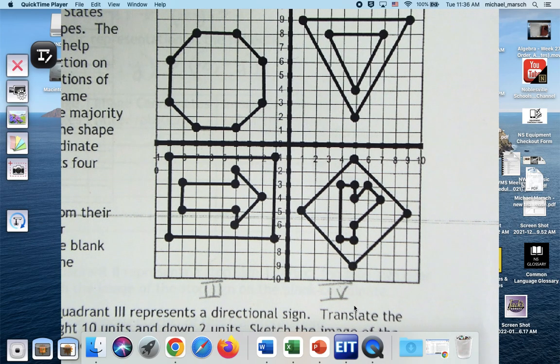It also says the number 2 next to it. Once you have those, go ahead and graph them.